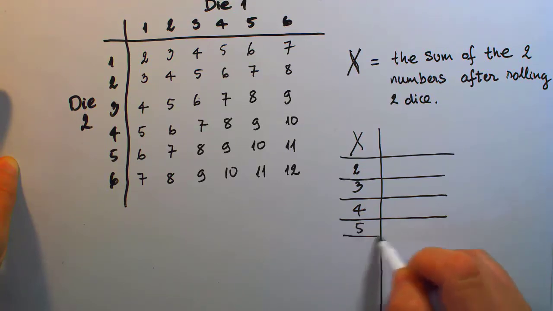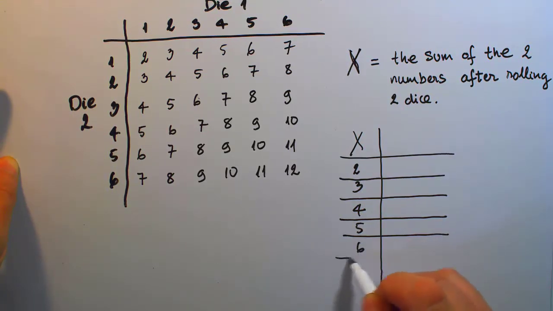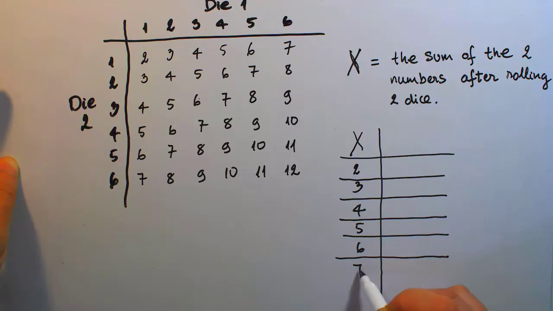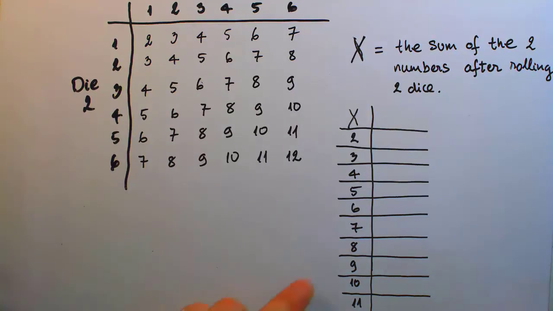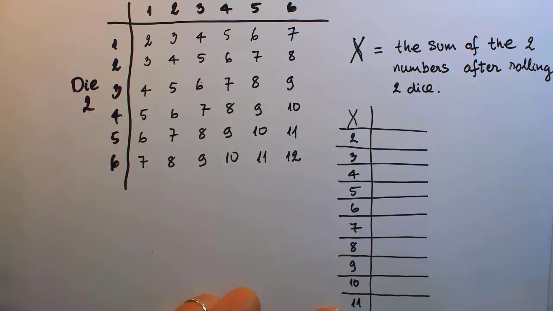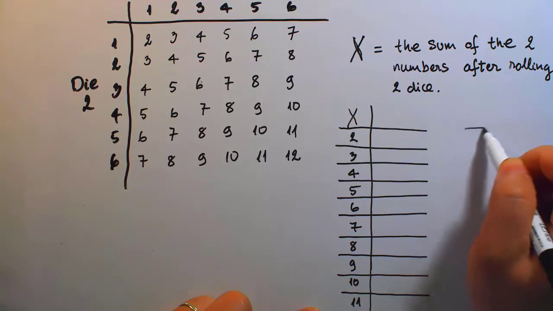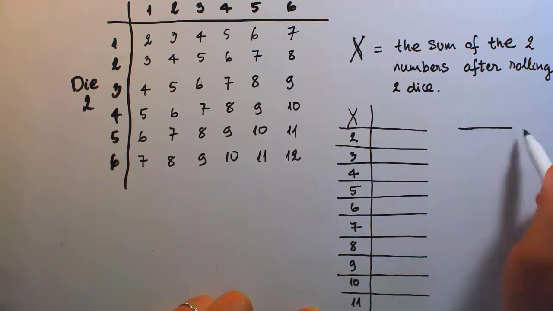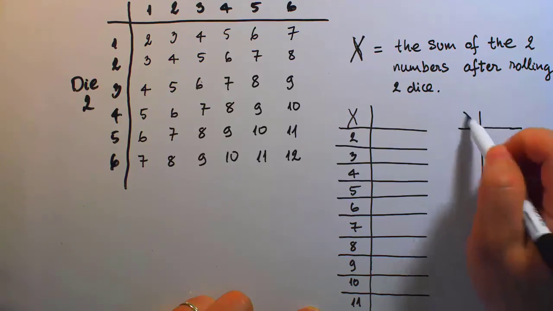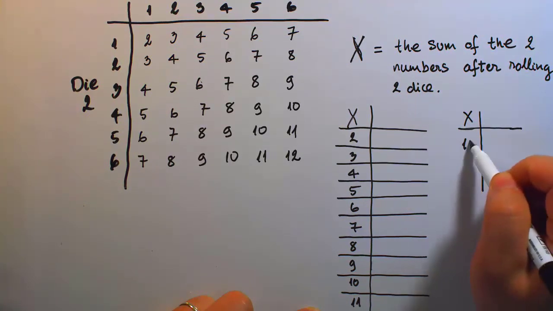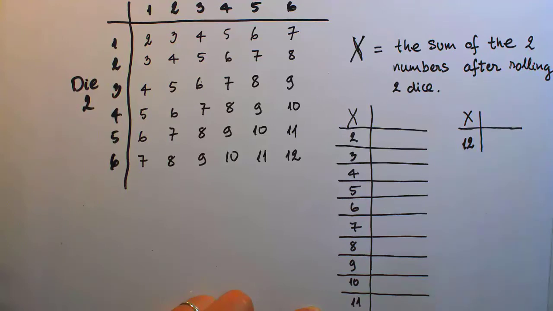The sum can be 6, the sum can be 7, the sum can be 8, then the sum can be 9, and the sum can be 10 or 11. I'm running out of space here, so allow me to continue my table in the next space to the right hand side here. But the last value of the sum, we can go as high as being 12.